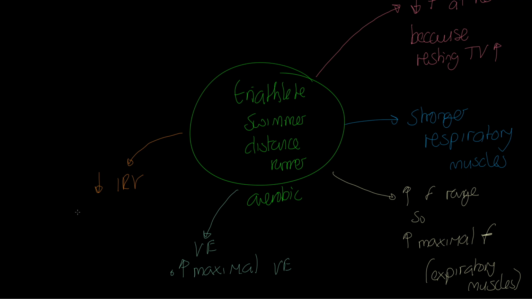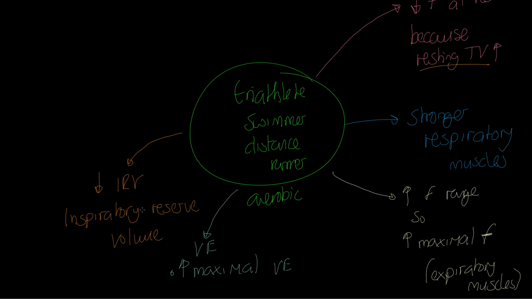Now let me explain what this is. IRV is the inspiratory reserve volume, and what that essentially means is that once we are trained and we're aerobically fitter, because our tidal volume has gone up, the reserve in the lung is less. The inspiratory breathing in reserve is less. As a result of that, of course, tidal volume goes up.